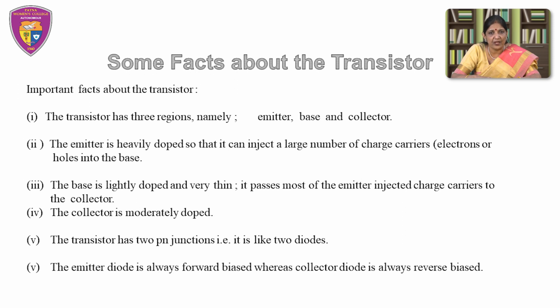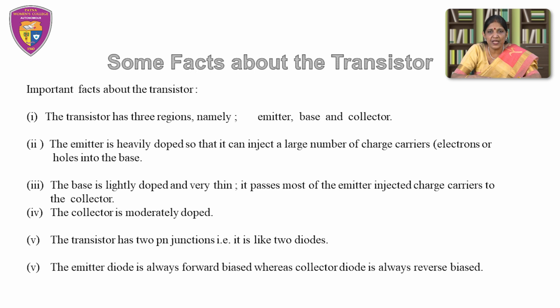Now coming to some facts about the transistor. Before discussing transistor action, it is important that the reader keep in mind the following facts about the transistor. First, the transistor has three regions, namely emitter, base and collector. The base is much thinner than the emitter while the collector is wider than both.